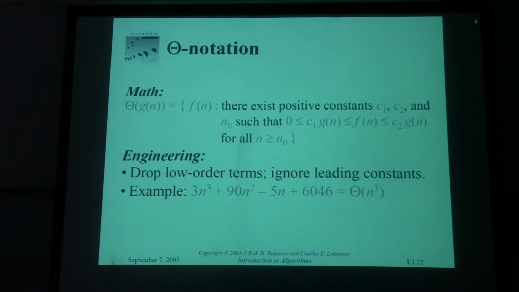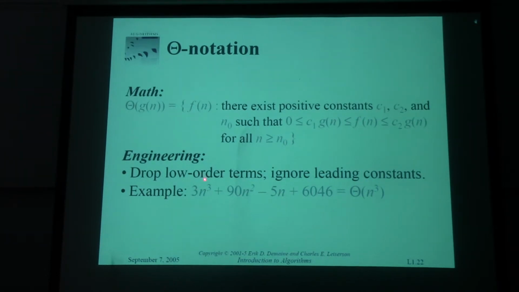If you look at this one right here, we're looking at constants such that C1 times g of n and C2 times g of n, different positive constants, are bounding f of n. If I can find constants that bound this, then I know that f of n is running proportional to g of n, and the constant of proportionality will be between C1 and C2.